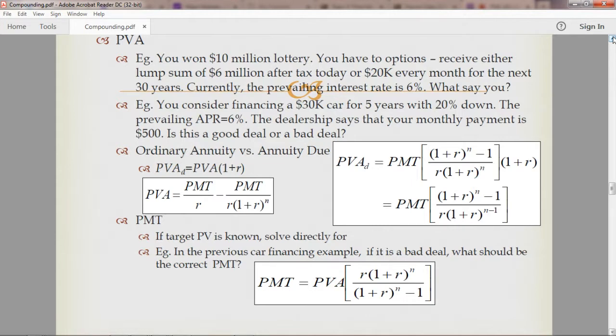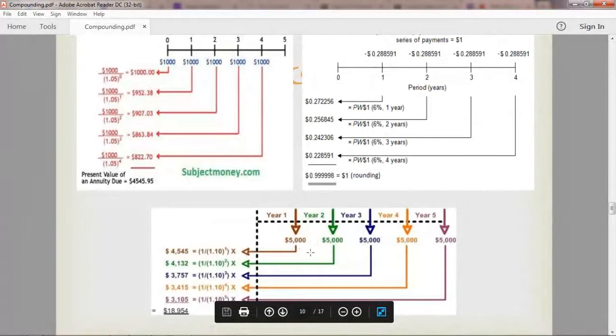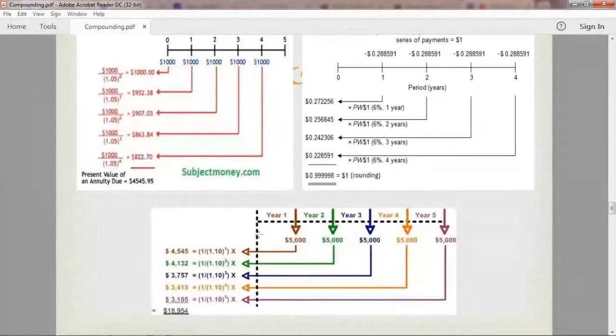So what happens, right from the next month, your payment starts, right? So basically, it's the question of ordinary annuity. And why present value?